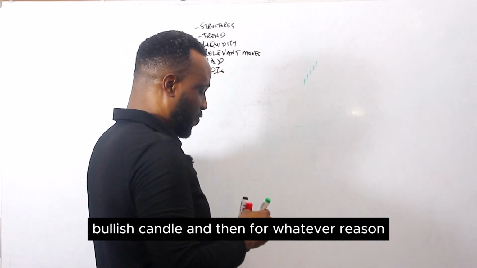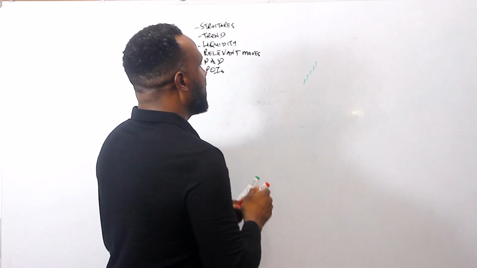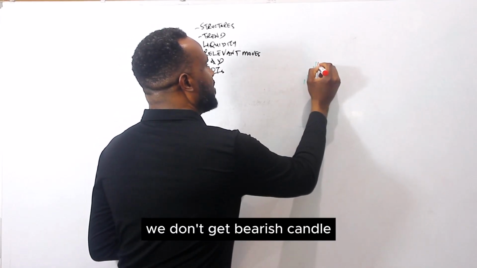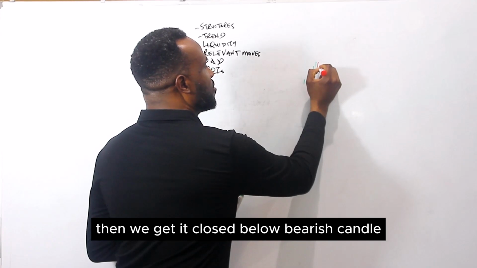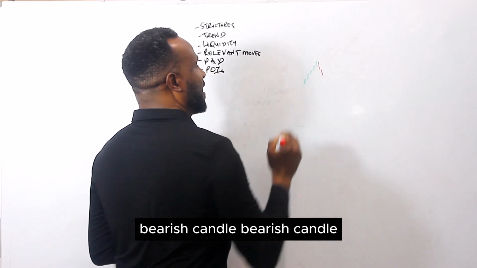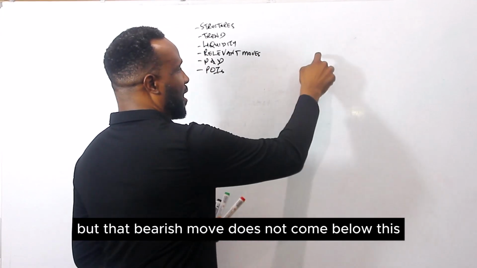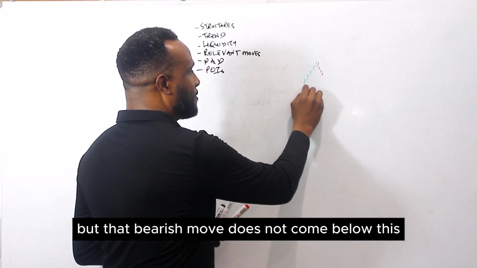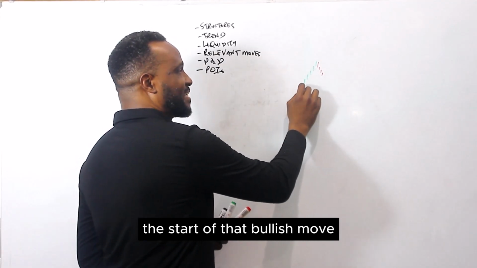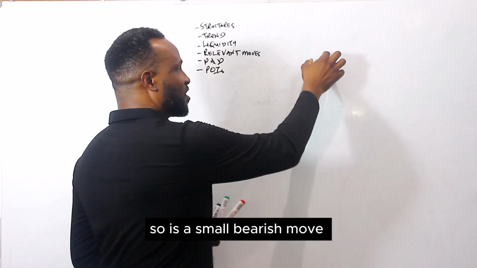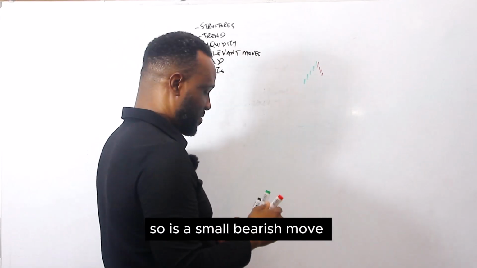And then for whatever reason, we now get a bearish candle, then we get a close below, bearish candle, bearish candle, bearish candle. But that bearish move does not come below the start of that bullish move. So it's a small bearish move, right?